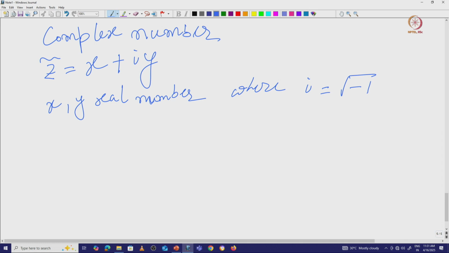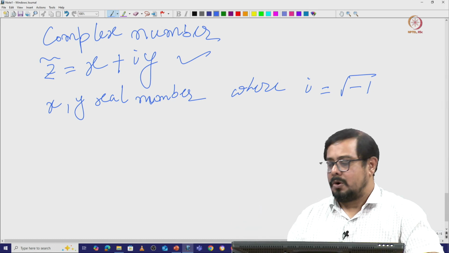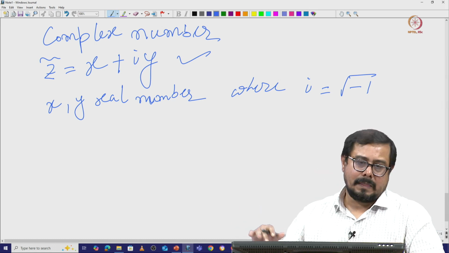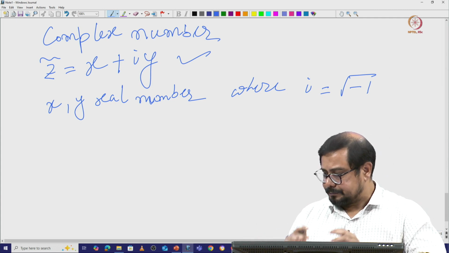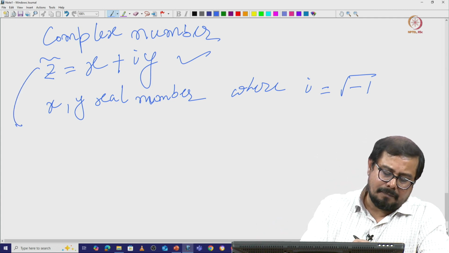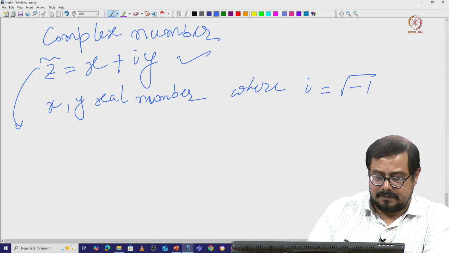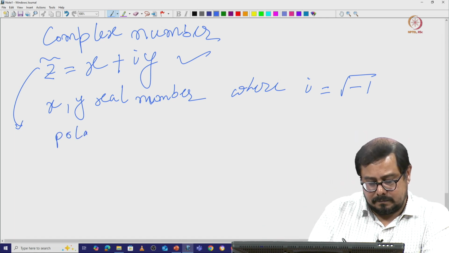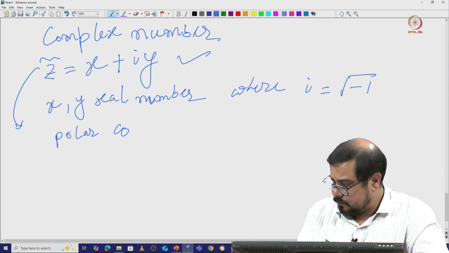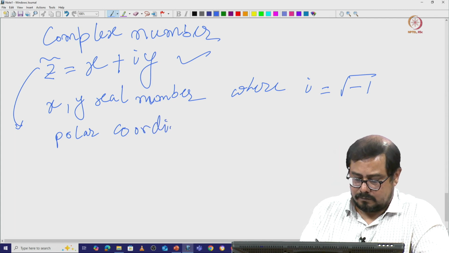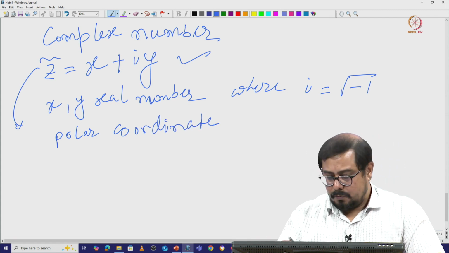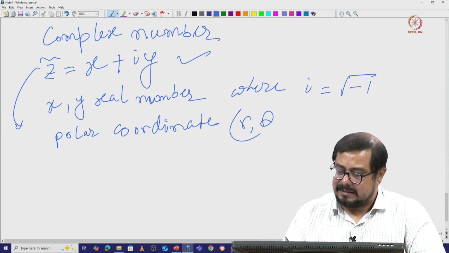So, we want to represent this complex number. This is easier for explaining the phase, how we can represent the phase of any wave when it propagates through any media. Here we want to represent this complex number in polar coordinates. Polar coordinates means r and theta.